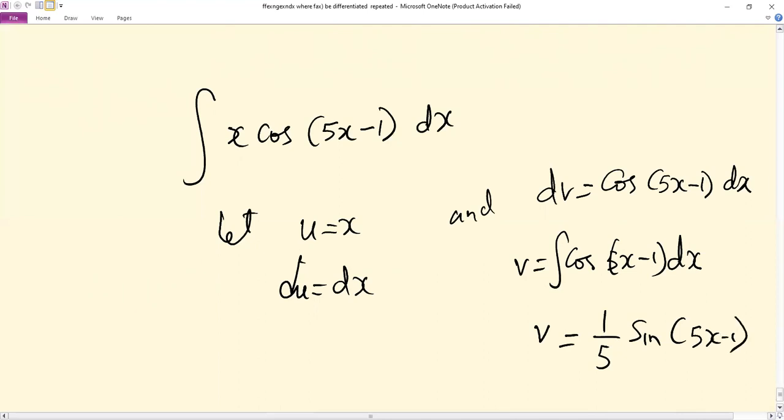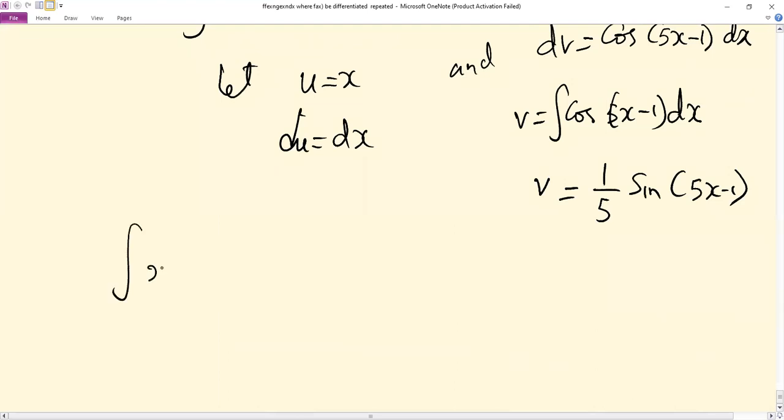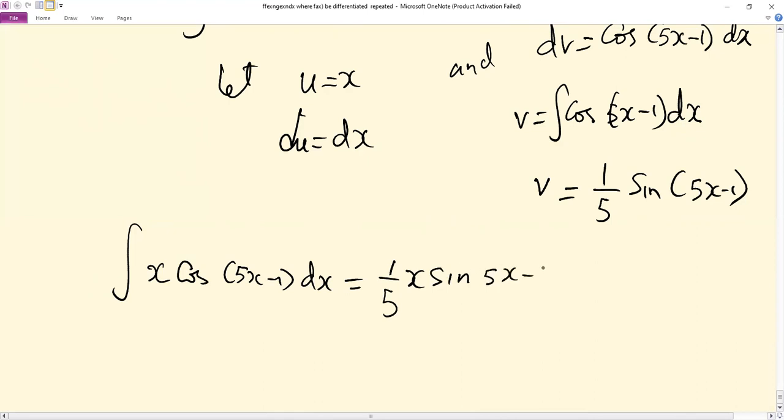So integration by parts will give us the integral of x cosine of 5x minus 1 dx equals uv, so we'll have 1 over 5 x sine of 5x minus 1, minus integral of v du. So we'll factor out 1 over 5, and then sine of 5x minus 1 dx.